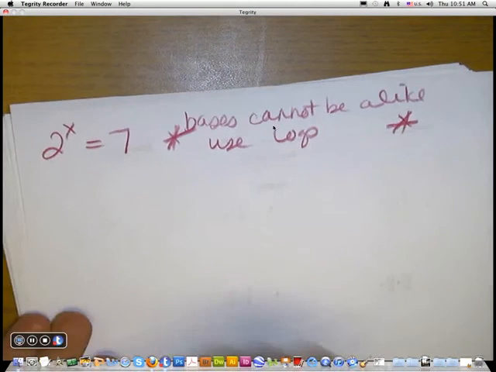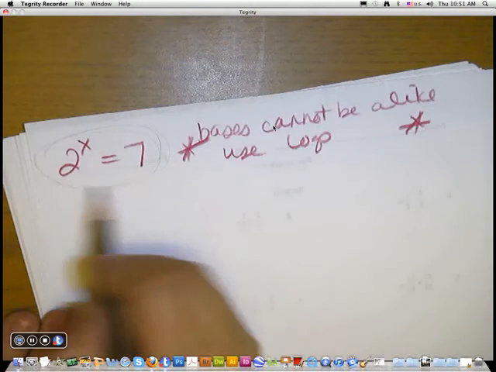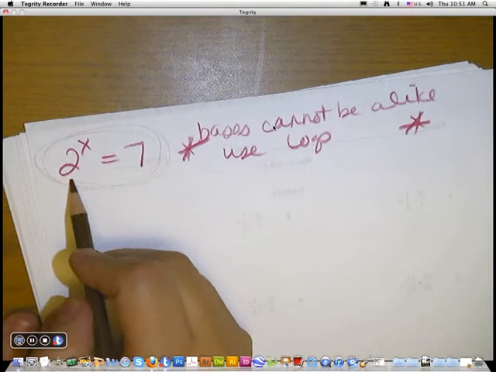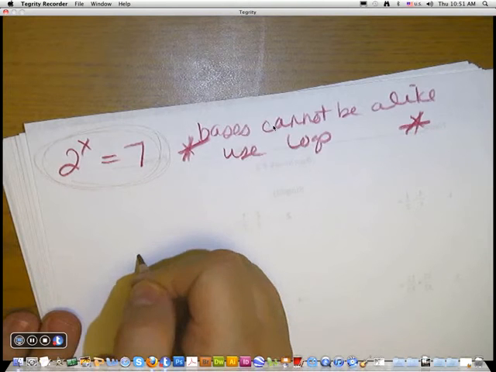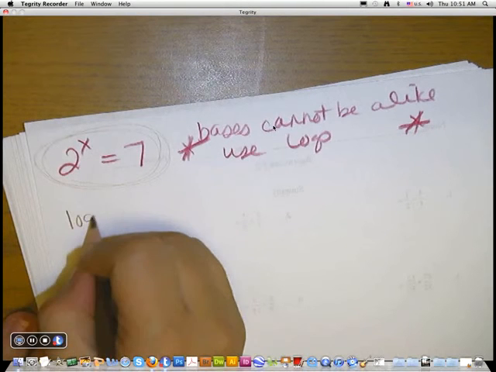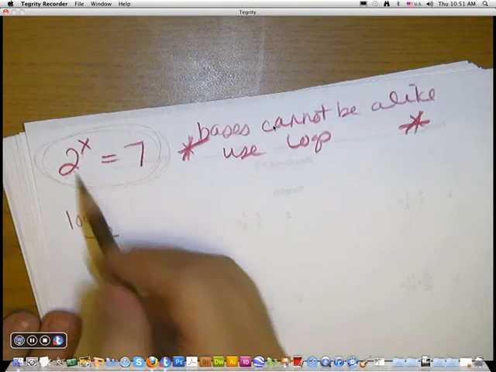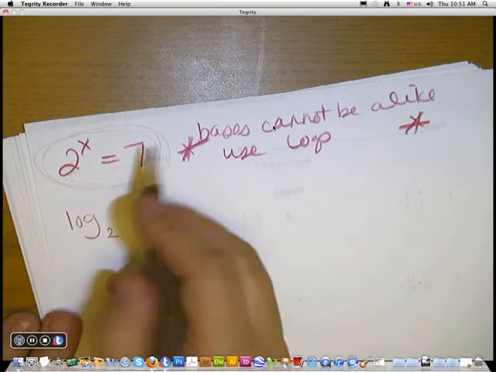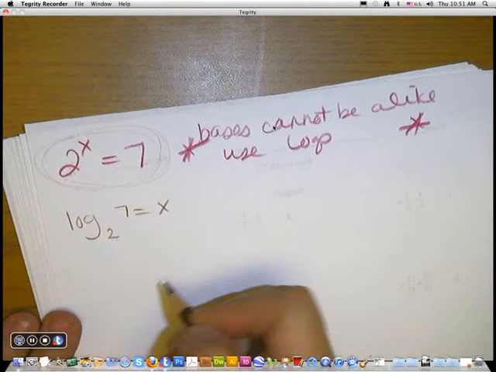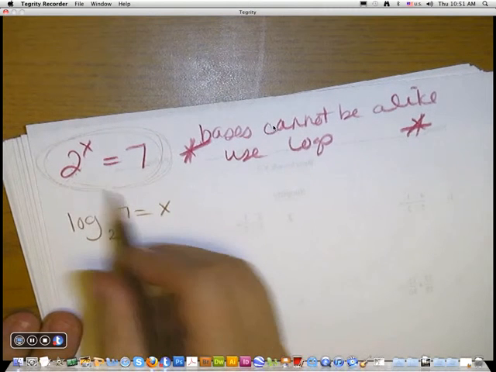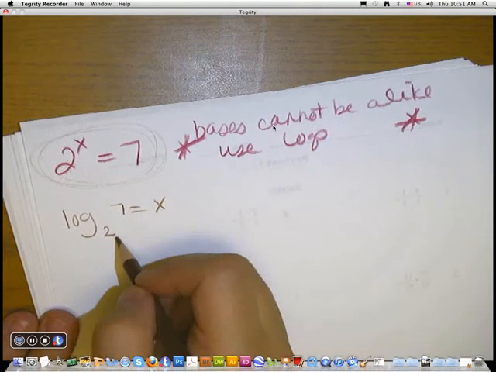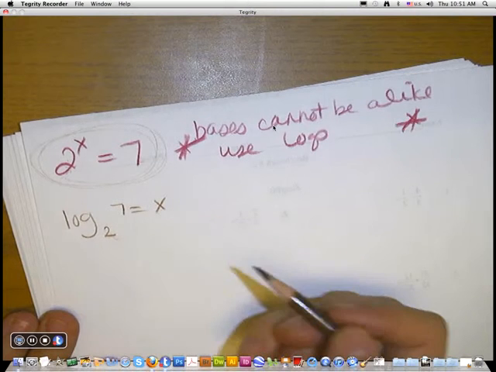Okay, so exponential form. In order to use logs, we have to change it to log form. Log base 2, because the base of the exponent and the base of the log have to be the same, of the number is the exponent. Because remember, if I change it, it's got to come out to be the same thing. The 2 would kick up the x.